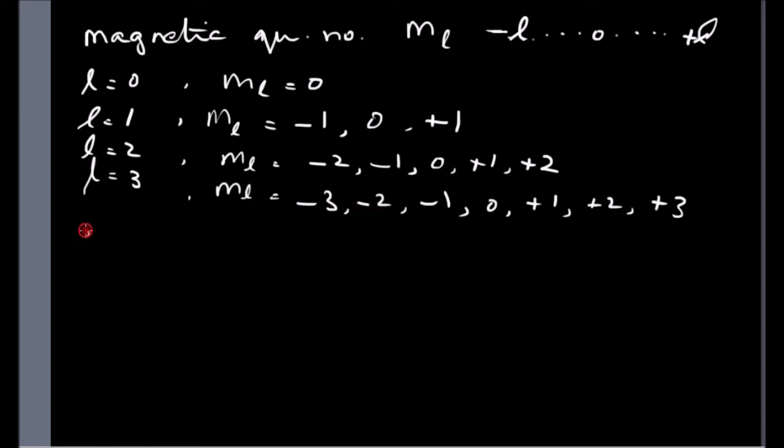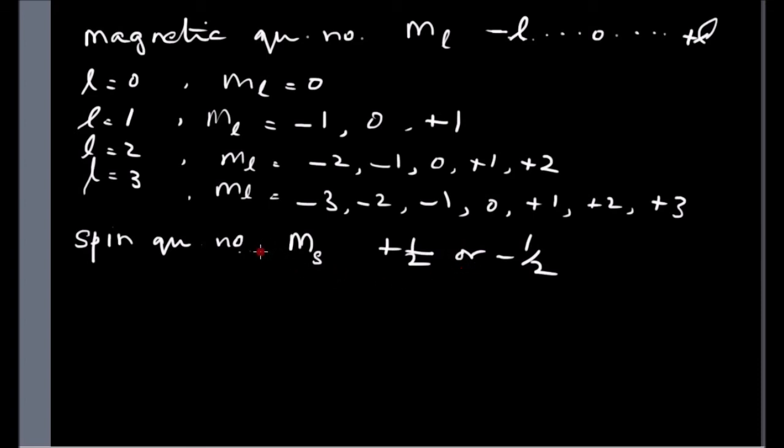The last one is spin quantum number, which can have only two values, that is ms, plus half or minus half, depending on whether this electron is spinning in the clockwise or anti-clockwise direction.